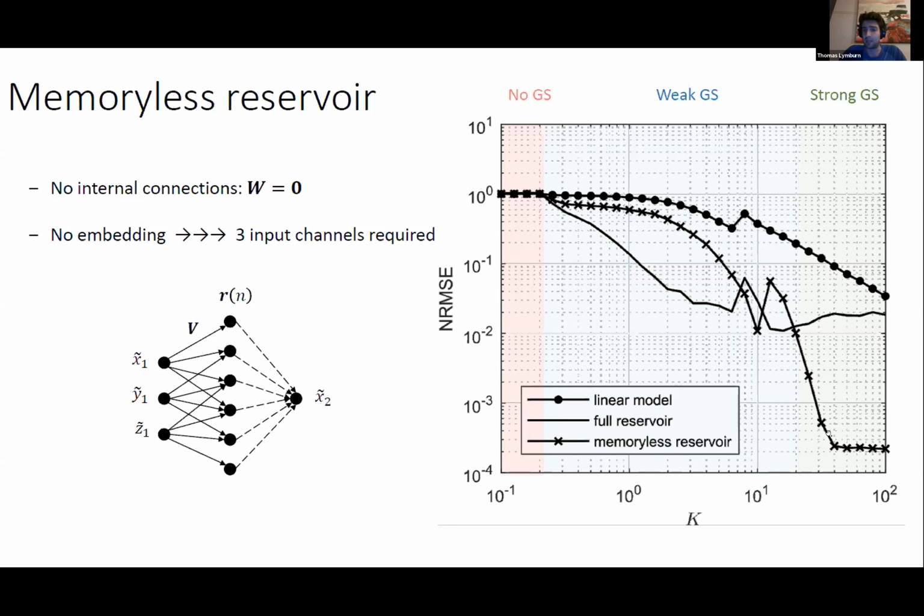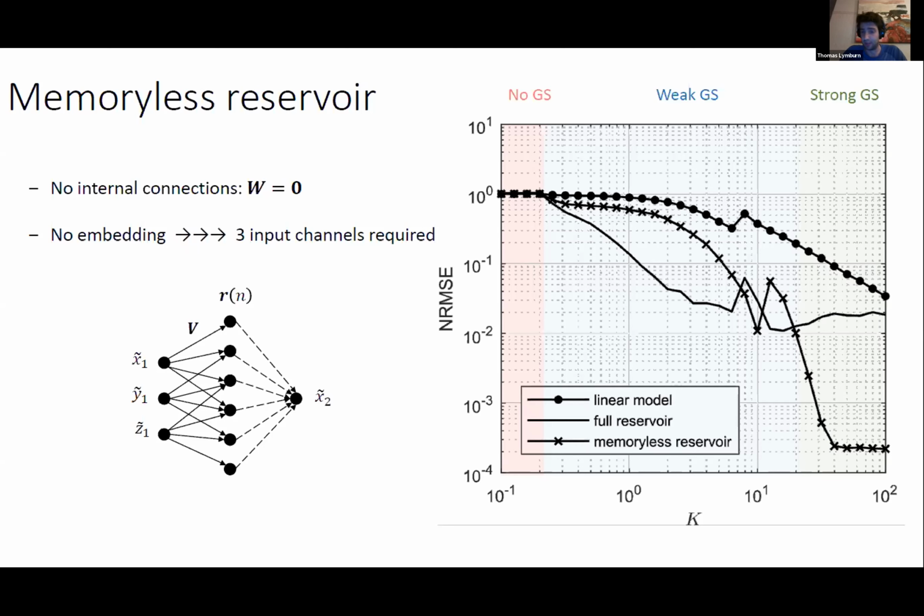So what we think is happening there is that the full reservoir has its capacity spread over functions of different time spans, right? So it's got some functionality of the previous time step and 5 time steps ago, and so on. Whereas the memoryless reservoir only has functionality of the instantaneous input signal.